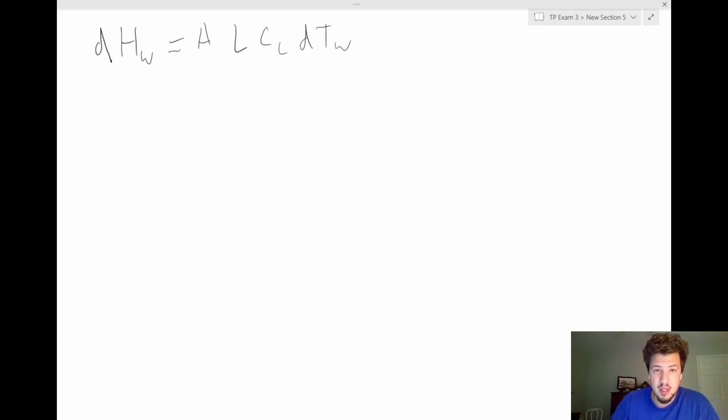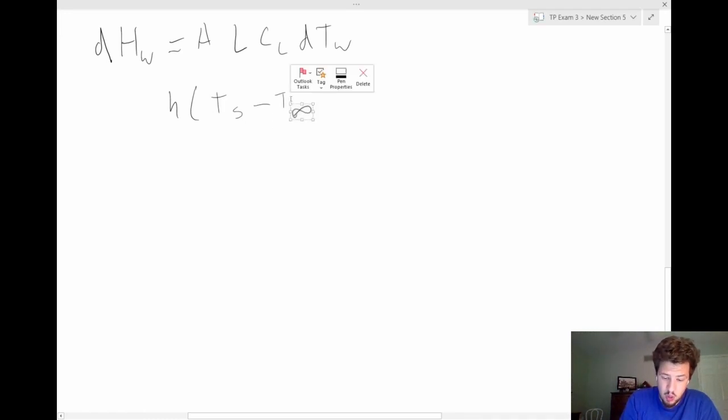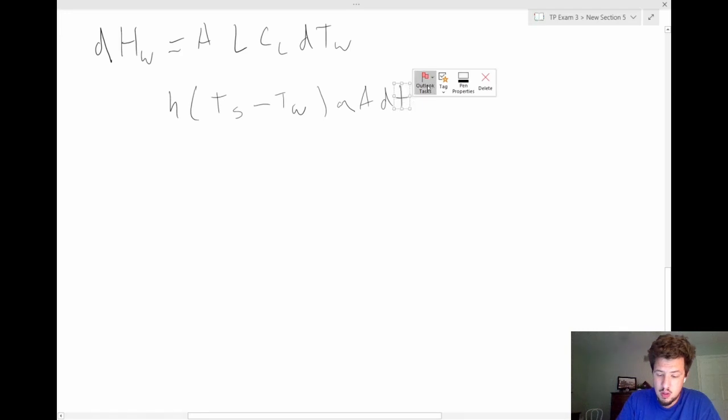So when we write this out and simplify it, we have the heat transfer is equal to the temperature of the surface minus the temperature away from the surface, or we could say water is equal to the specific area times this cross-sectional area times the height, which makes up for the specific volume that we need to solve for.